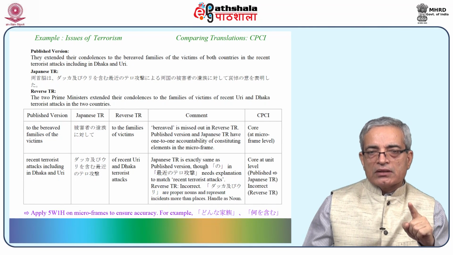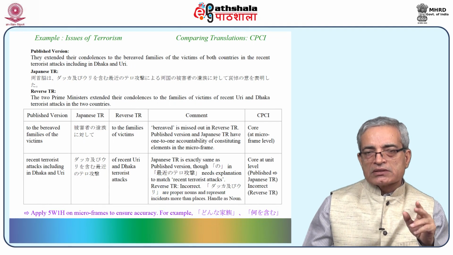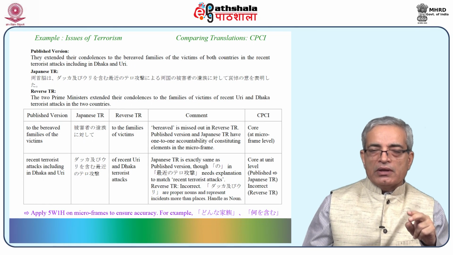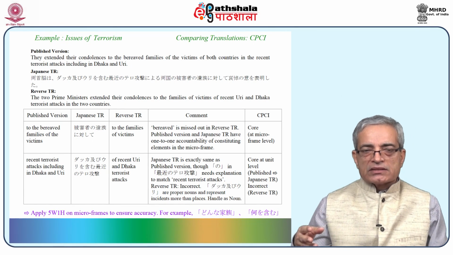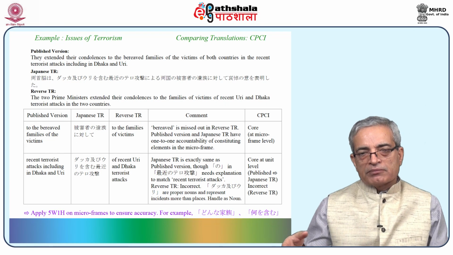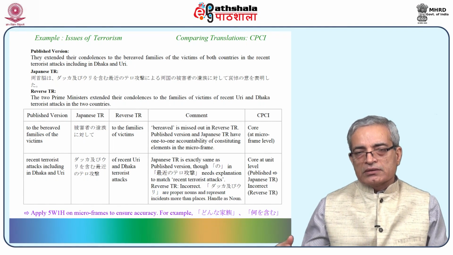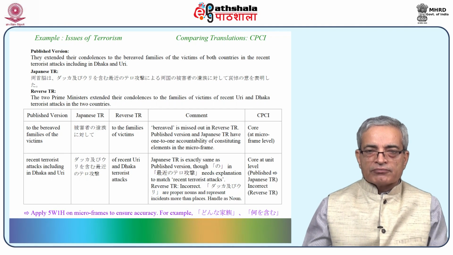In Japanese, Dhaka oyobi Uri ofukumu saikin no tero kogeki means it's turning Dhaka and Uri into incidents, so the name of the incident. So rather than place, it's now significant as the Dhaka incident or Dhaka terrorist attack. It is a terrorist attack which happened in Dhaka.